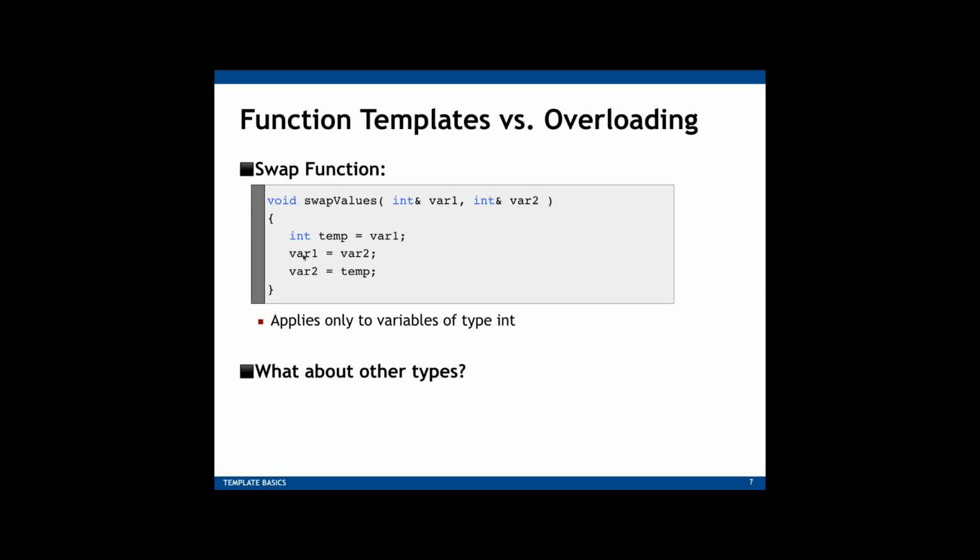Let me explain again. What this function does is it stores the value of the second argument to the first argument, and the value of the first argument to the second argument. So it's just swapping the values of the first and second arguments.